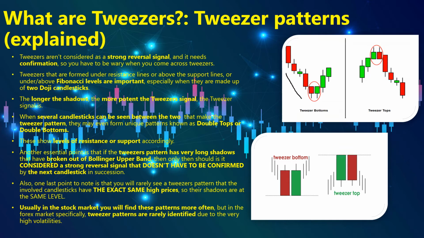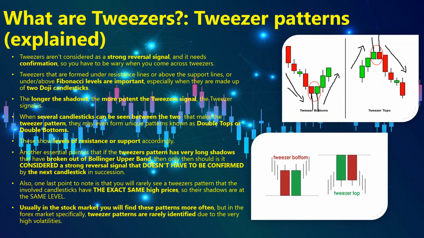Now, as we've seen this one before, the longer shadow, it means if this shadow is longer than that and this is longer than this, that means it is a strong signal that the direction of the market will be changed from down to an uptrend, or from up to a downtrend, without a confirmation.